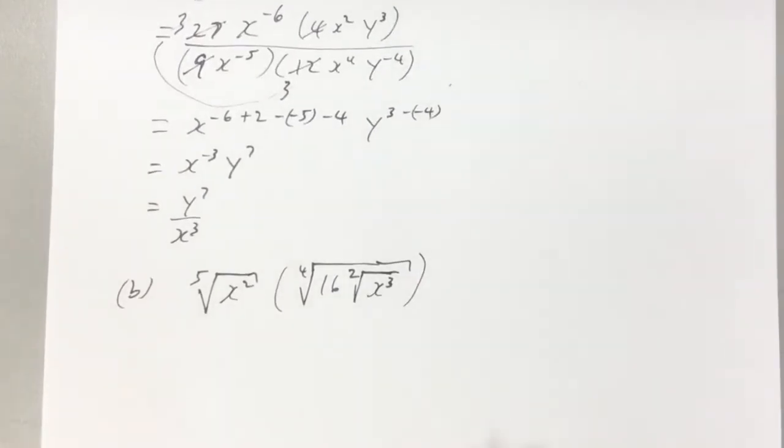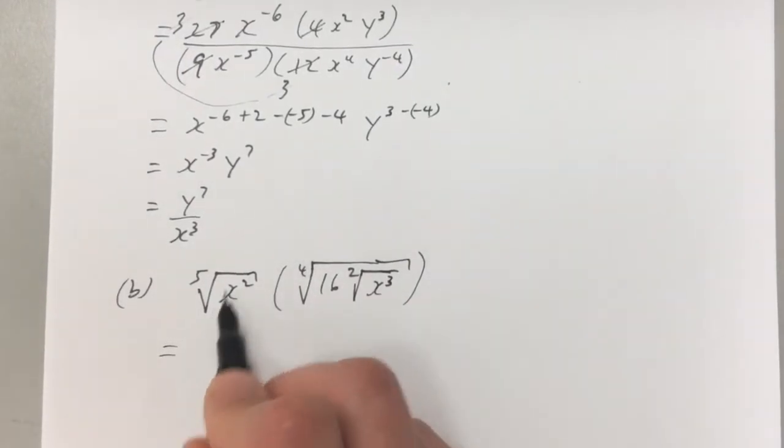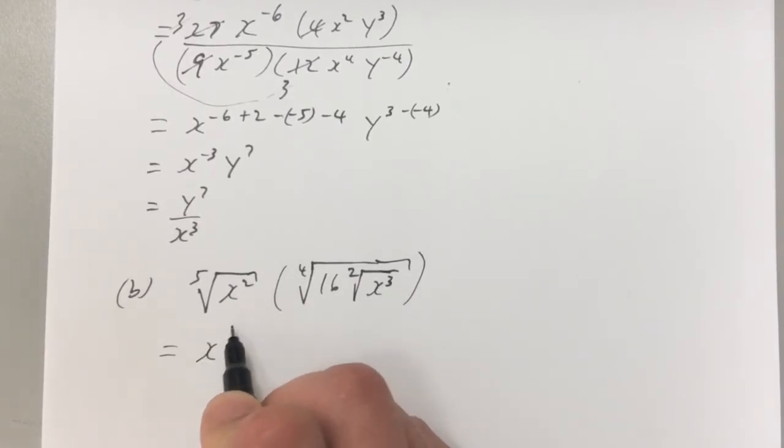Okay, something like that. Okay, so we're going to change this. So this is a fifth root of x squared, which is going to be x to the 2/5.